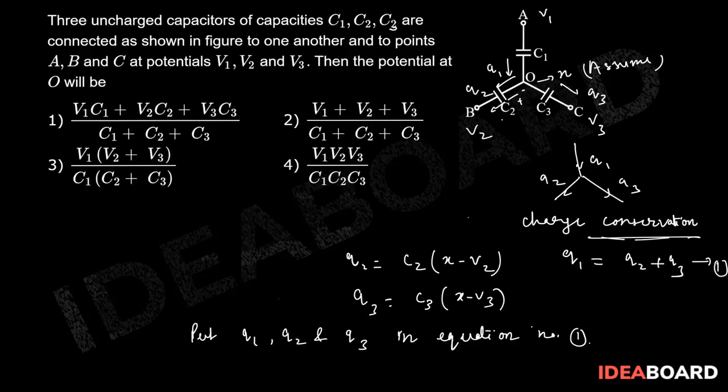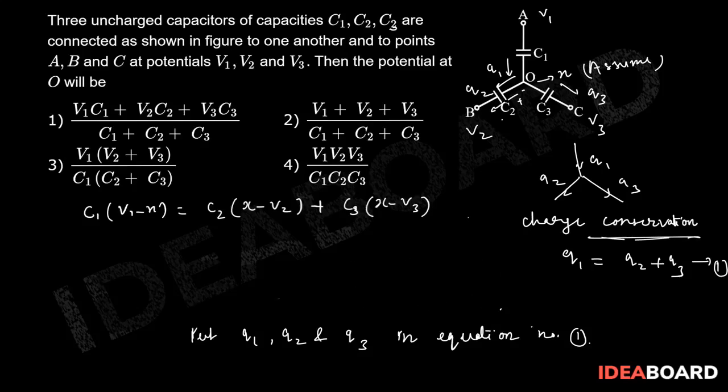Here Q1 was C1 into (V1 minus X), which will be equal to Q2, which was C2 into (X minus V2), plus C3 into (X minus V3). Perfect. Now solve this equation.